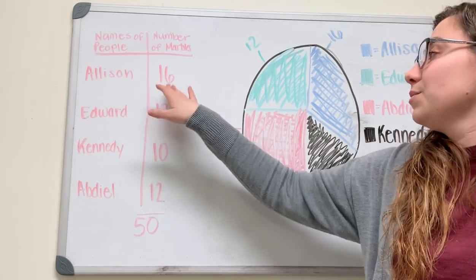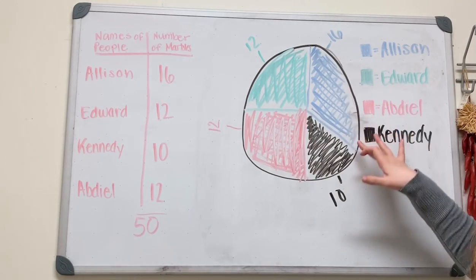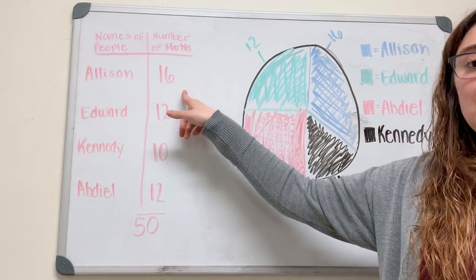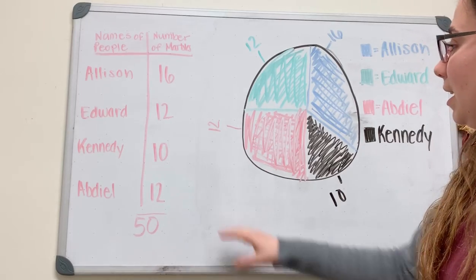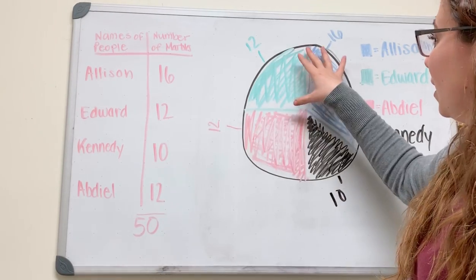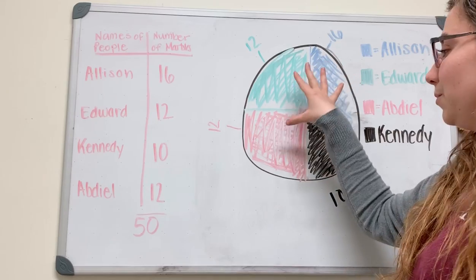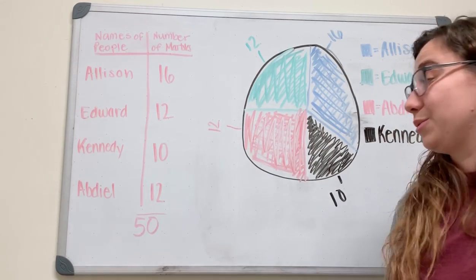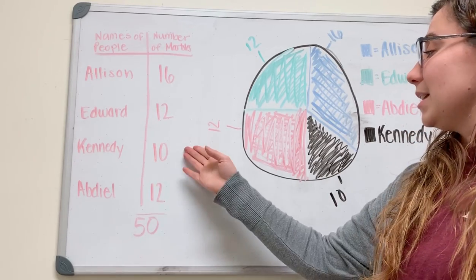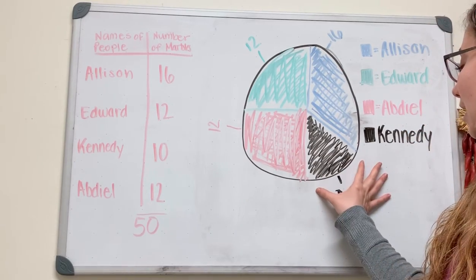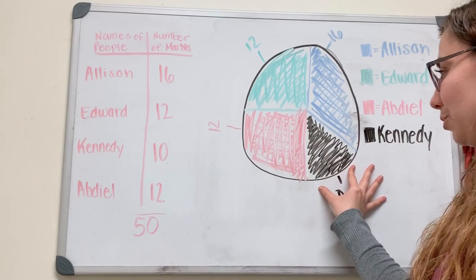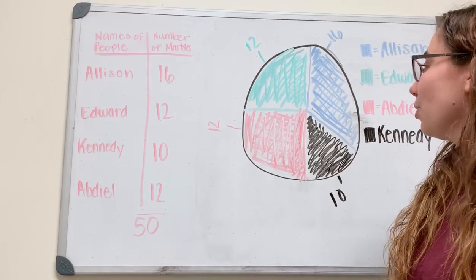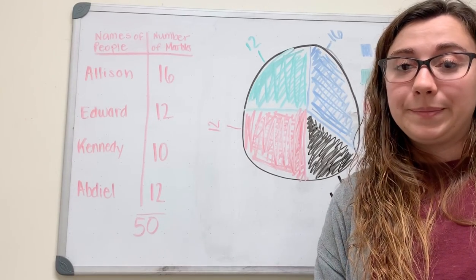You can see Allison with 16 has the largest part of 50. She also has the most. Abdiel and Edward, they both have equal parts of 50, and they have the same number of marbles. While Kennedy, she has 10, and that's the smallest amount of marbles. So here, it's the smallest part of 50.